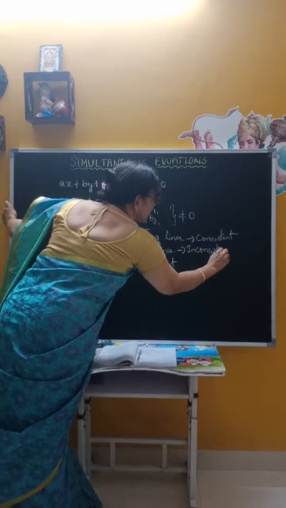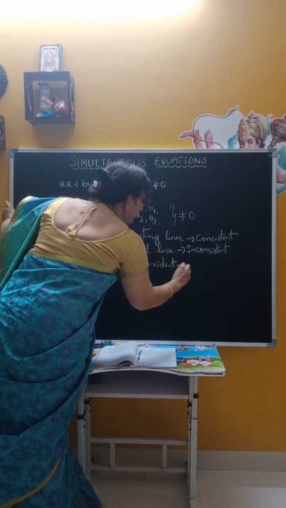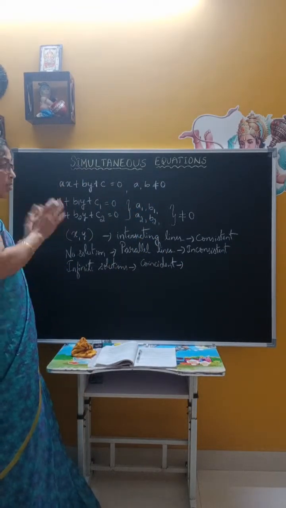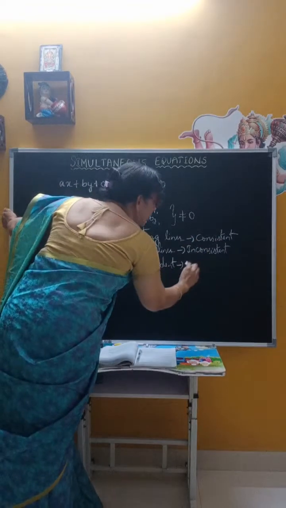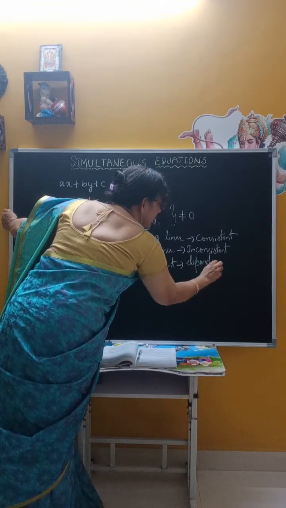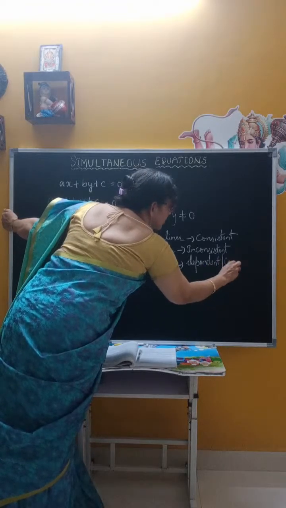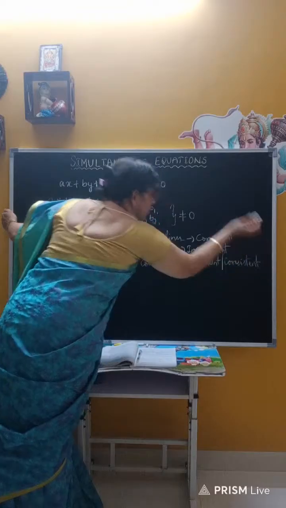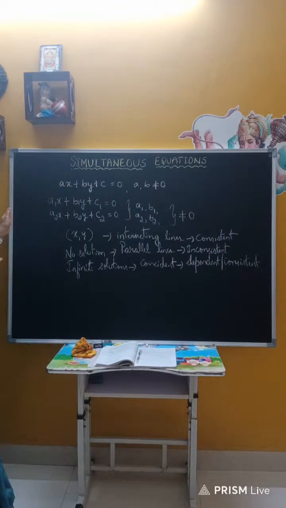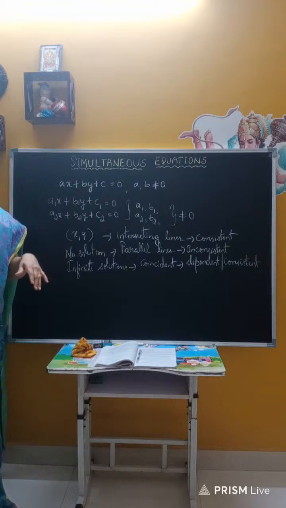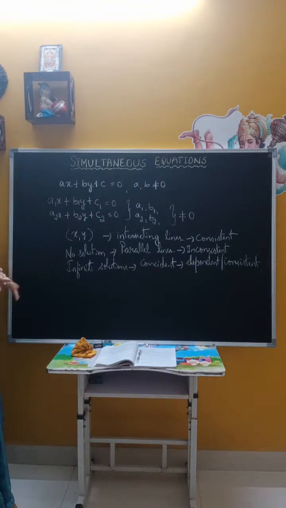Coincident lines are depending on each other, one on another, so they are dependent, and also consistent. Students, you can note this down. This is also given in your textbook in a tabular column. You can go through it once.